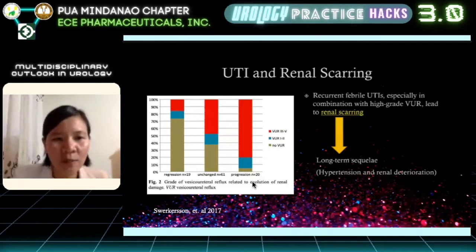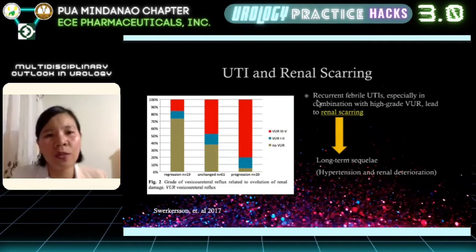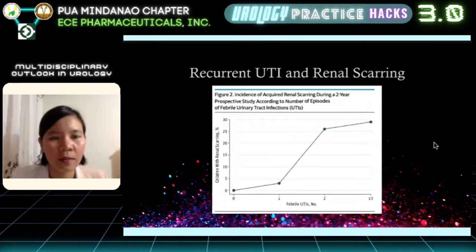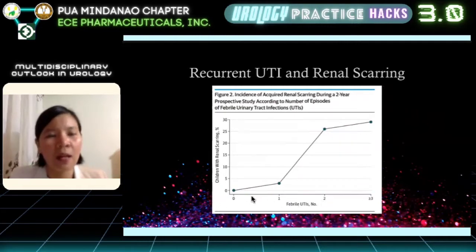And these children who progress to renal damage are those children with recurrent febrile UTIs, especially those in combination with high-grade VUR. And we see that the risk of renal scarring increases with the number of febrile UTIs the patient has.